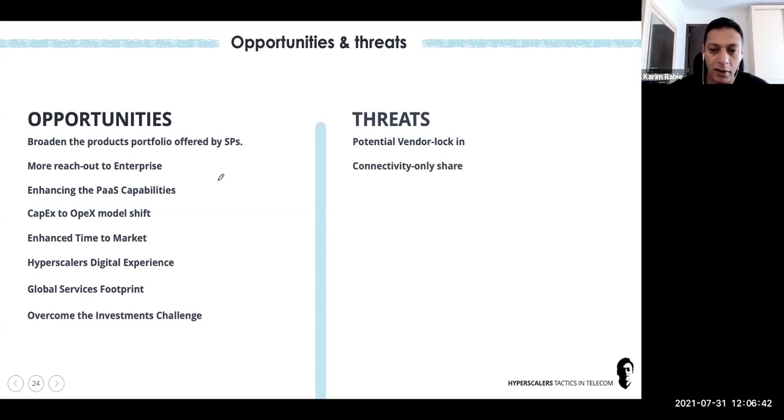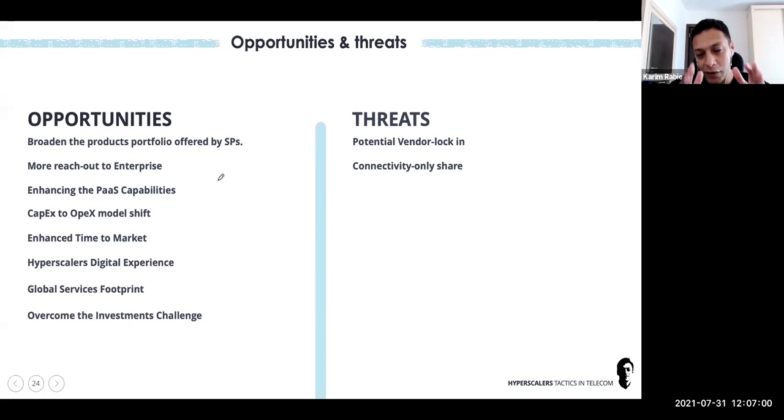Connectivity only share. Actually, I quoted that, I listened to one executive from VMware who was talking in one of the conferences. He said that it is very risky for mobile operators to sit at the table with the hyperscalers with only connectivity.